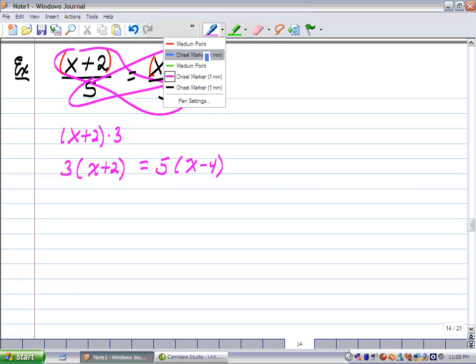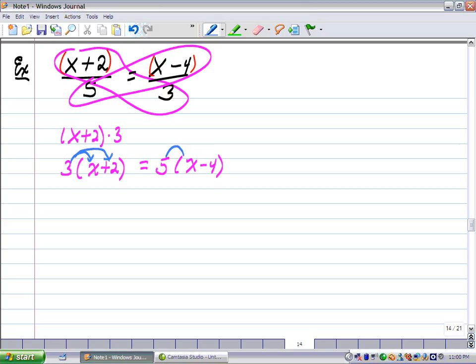Then, because they are in parentheses, I will distribute. Remember, in front of those x's, it's an invisible 1, so if it's helpful to you, write those. So 3 times 1 is 3x. 3 times 2 is 6. On this side, I will get 5 times 1 for 5x, and 5 times negative 4 is negative 20.